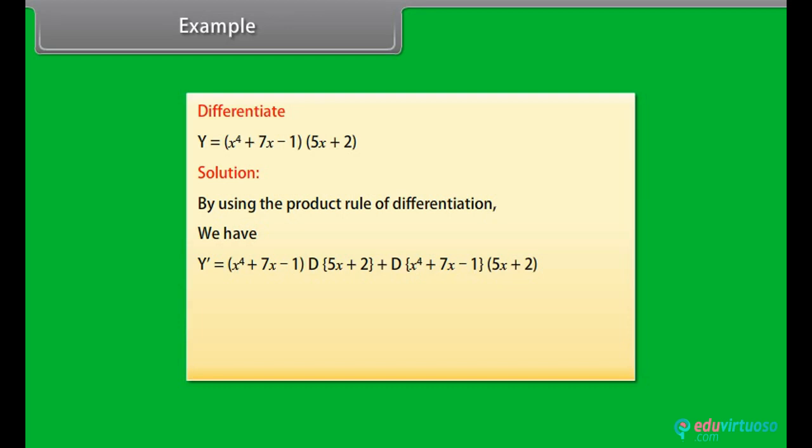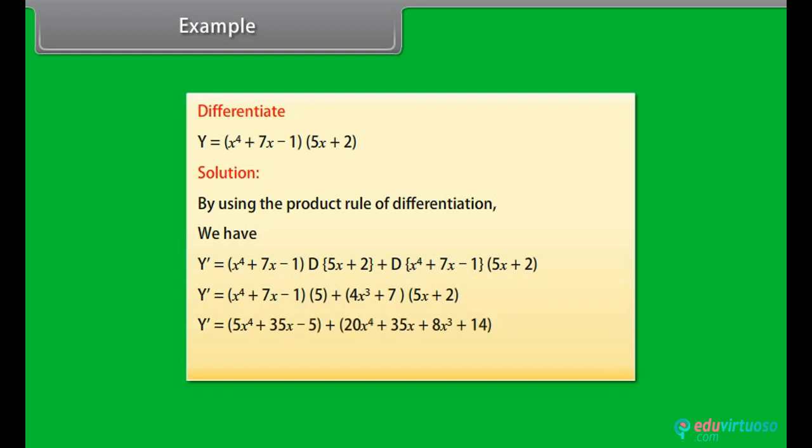By calculating it, we get y' is equal to 25x^4 + 8x^3 + 70x + 9.